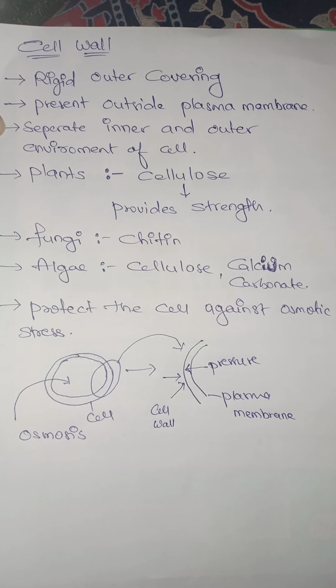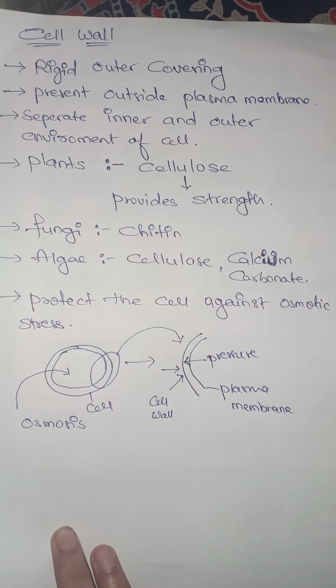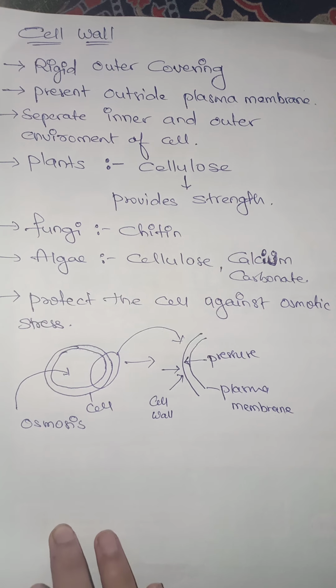This is why we say the cell wall is of great importance when we talk about the protection of the cell. Protection of the cell is one of the important features of the cell wall.